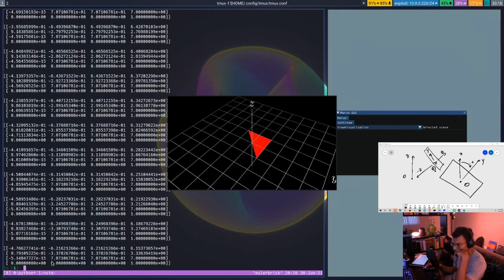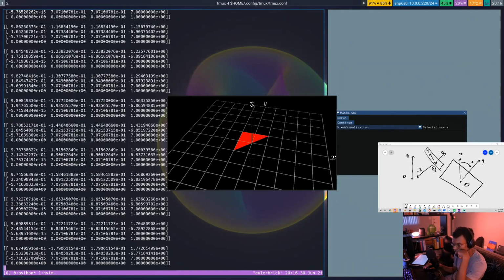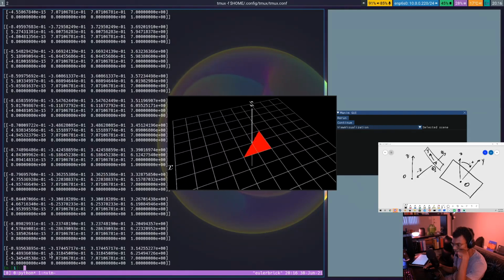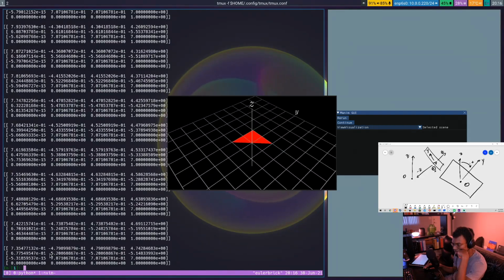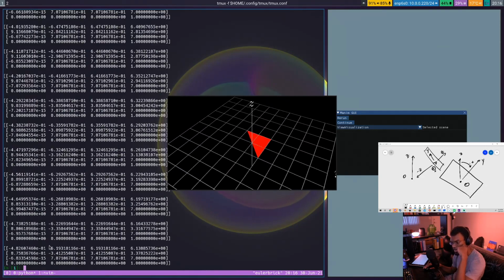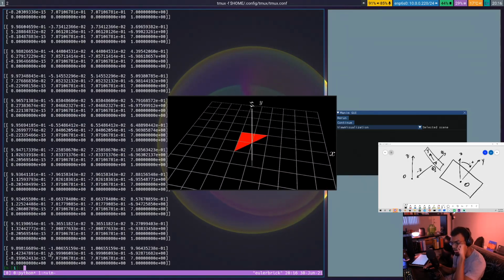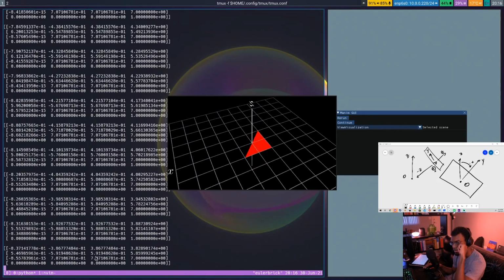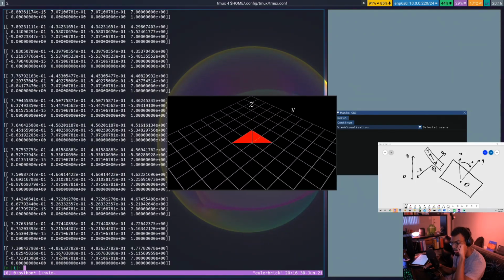Are any of these increasing forever? No, it looks like they're not. Maybe this has a problem with having negative values in the model matrix. I don't totally see why it would.